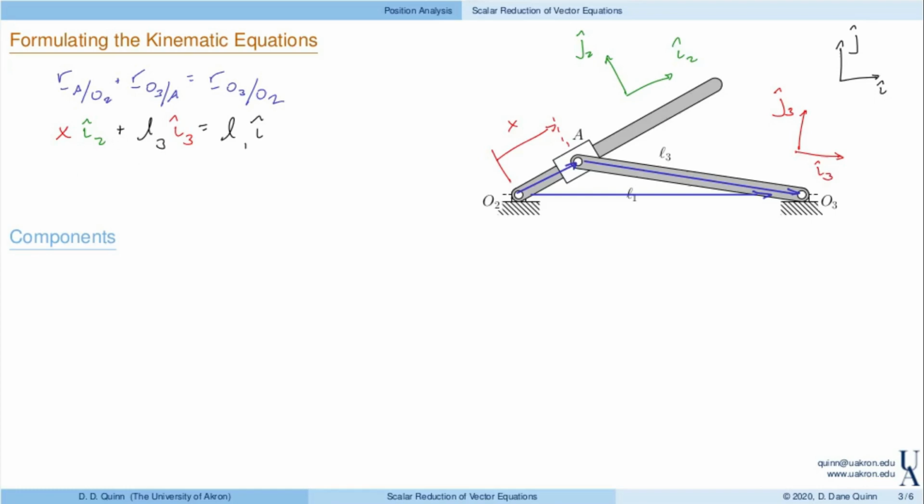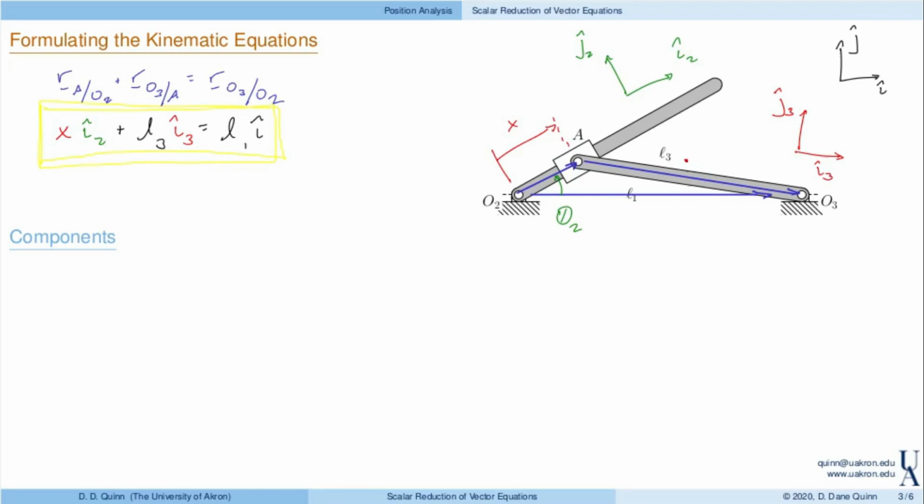So here, this is our vector loop closure equation. Some unknown magnitude in the I2 direction plus a known length in the unknown I3 direction has to be equal to a known vector, L1 I. We still need coordinates to describe these changing directions. So here we'll define this angle, theta 2, as the angle between I and I2.